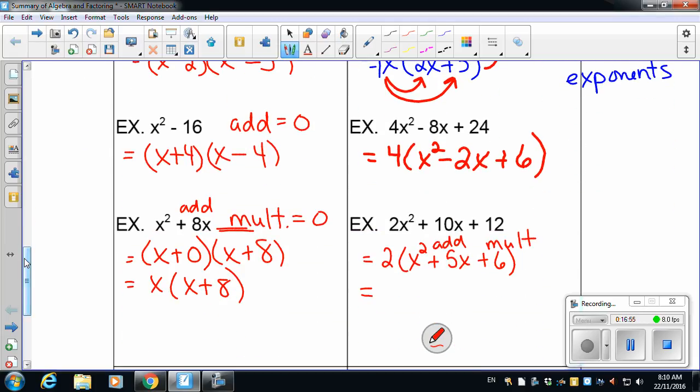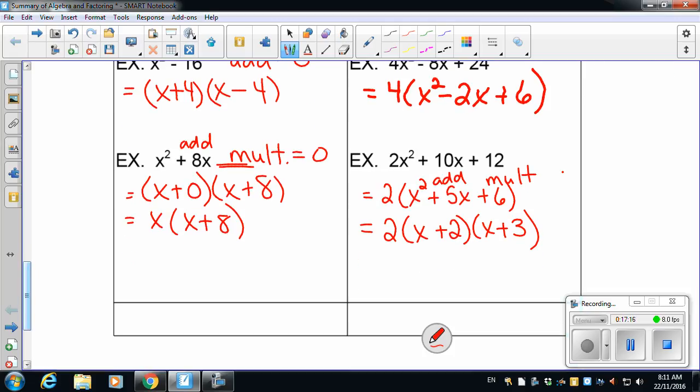Sometimes when you common factor, you can factor again. And by factoring again, I factored the trinomial that was in the brackets using the pattern for trinomials. So sometimes you can common factor and then factor again using a trinomial.